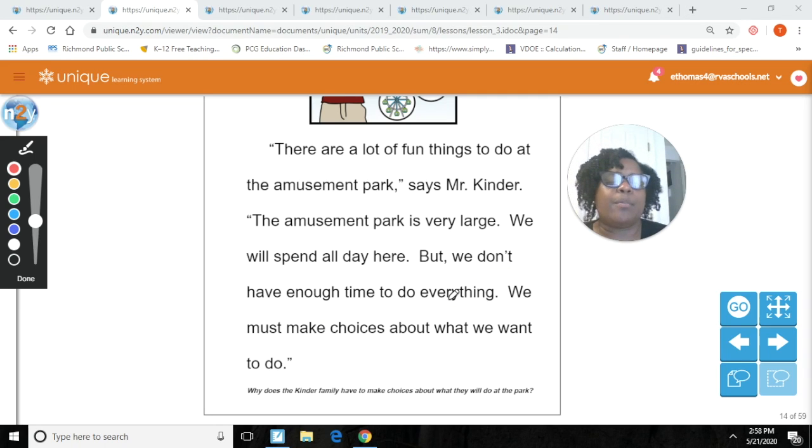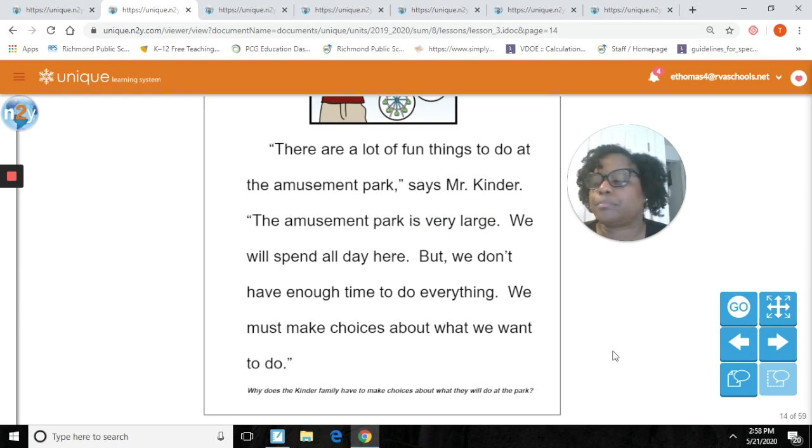So the park is too big for us to do everything, and hopefully at some point we will be able to go to our local amusement park again once things are safer for us to attend, okay? All right, so we know that by the park being so large, they wouldn't have enough time. All right. So let's go to our next page.